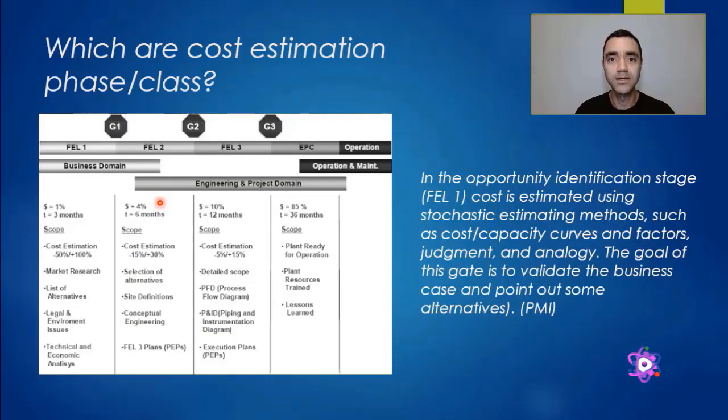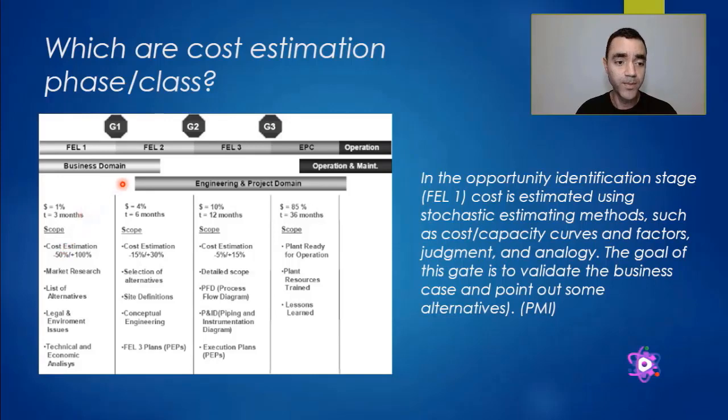If we take into account the Project Management Institute, they are responsible for the front-end loading methodology for project management. Here in this table, we can verify that depending on the gate or the front-end load number, we have expectations of cost estimation also.